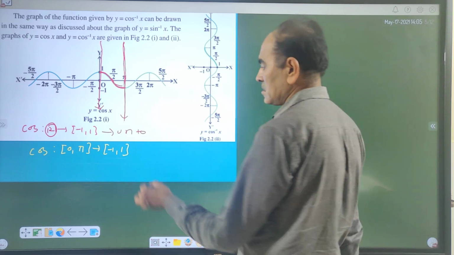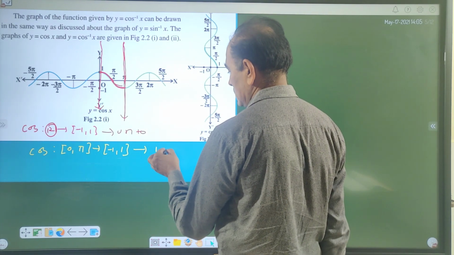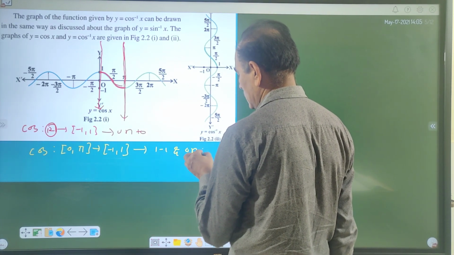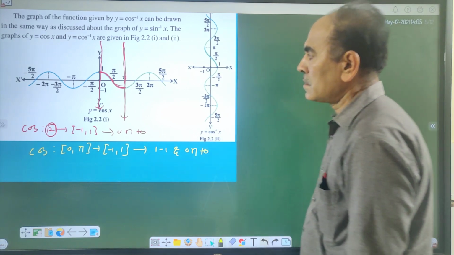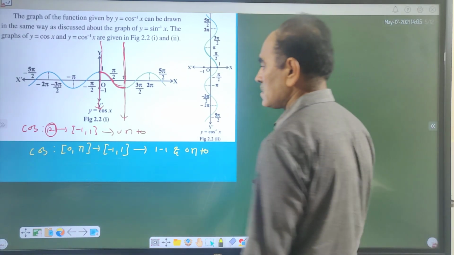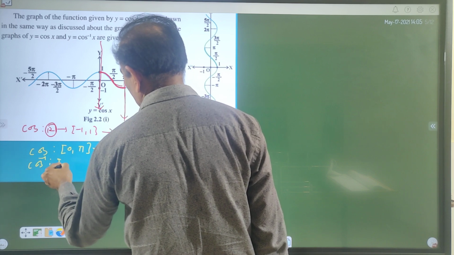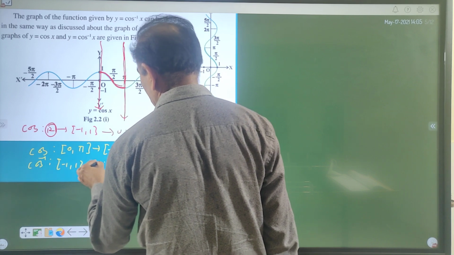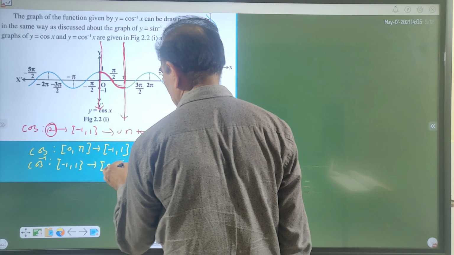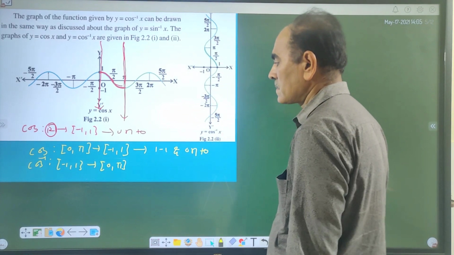Then that function is one-one and onto. Here, so where is cos inverse? Cos inverse from closed interval minus 1 to 1 to closed interval 0 to pi.